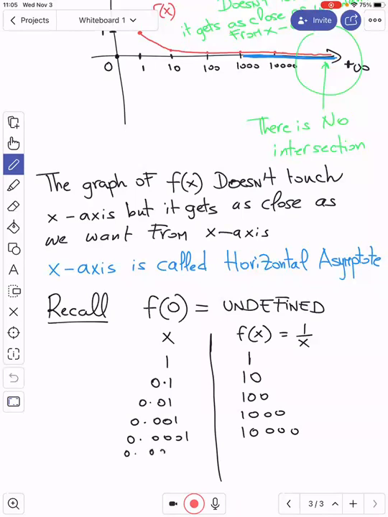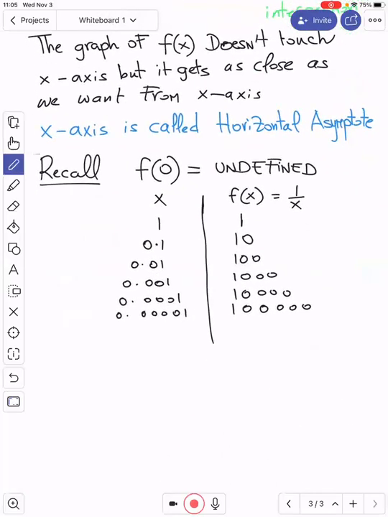So as you can see, as x approaches 0, as the values of x get very small, the values of the function f get very large. This is, I guess, 100,000. So the idea here is that the values of x approach 0. Of course, x cannot be equal to 0, because f of 0 is undefined.